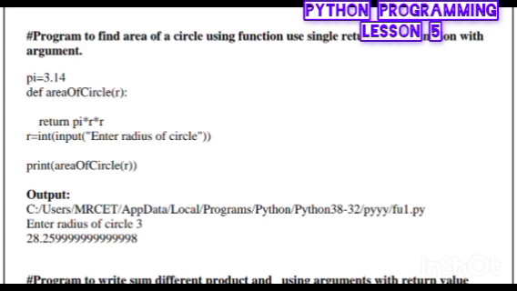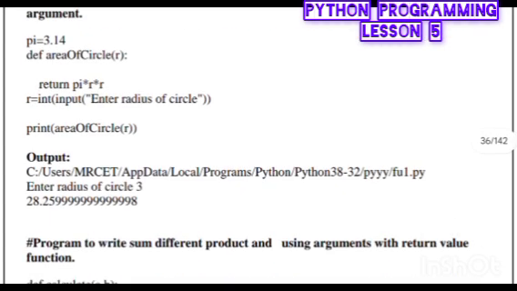Here we enter the radius of circle and then print area of circle r. For this one the output is: enter the radius of circle. If in place of r we enter the input 3, then pi r square is 3.14 into r square, the value is 28.26. 9 into 3.14, the value is this one.